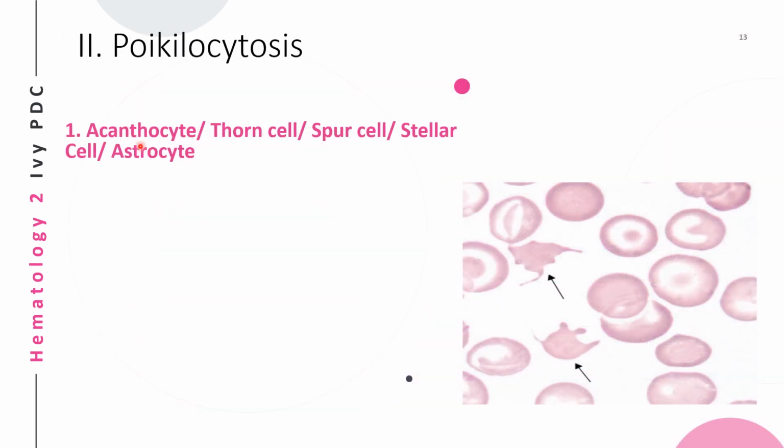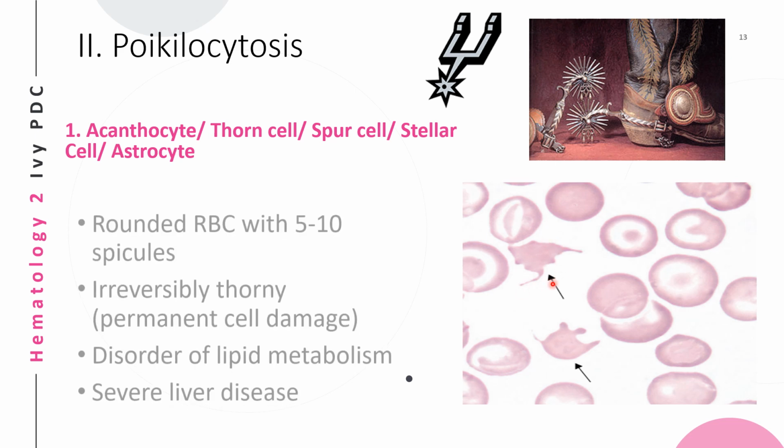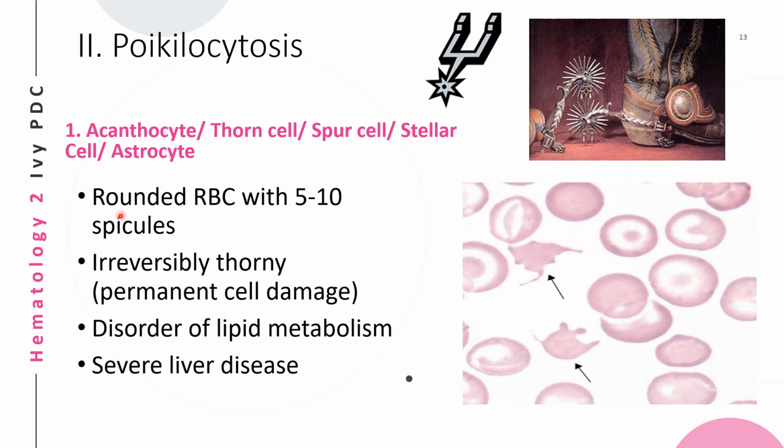First one is the acanthocyte, also known as the thorn cell, or the spur cell, or the stellar cell, or the astrocyte. All of these names mean the same thing, and all of them refer to this type of red blood cells. These acanthocytes are rounded RBCs with 5 to 10 spicules. These are the spicules.